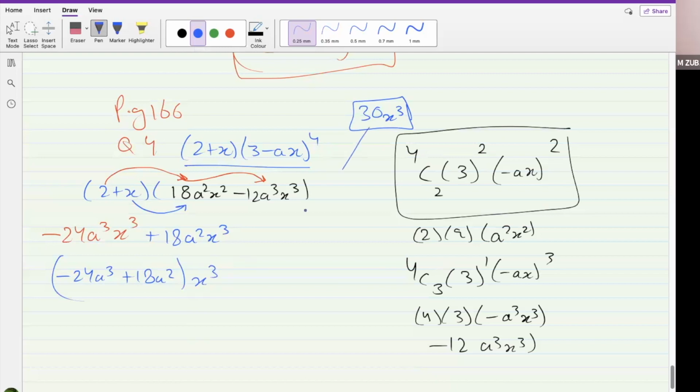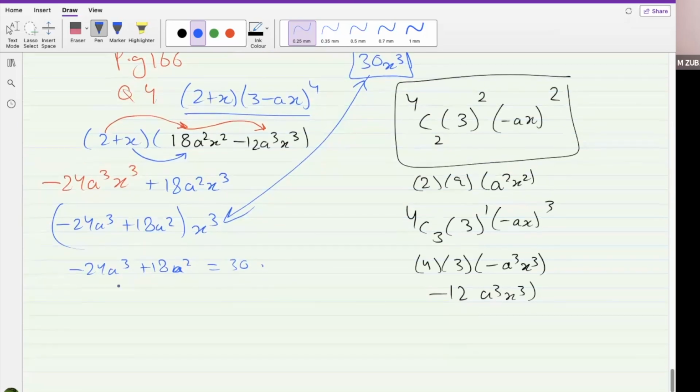And we already know that the coefficient of x cube is 30. So minus 24 a cube plus 18a square is equal to 30. So if I divide all these with 6, I get minus 4a cube plus 3a square is equal to 5.